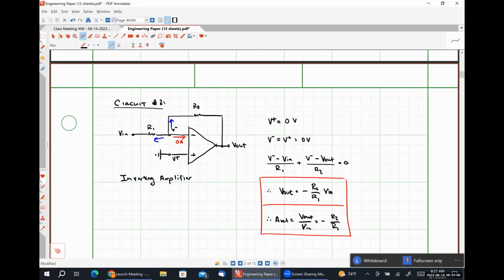One of the questions that I get asked an awful lot about this circuit and the previous circuit is how you can easily tell the difference between the two of them because they are so similar in structure. The way that I usually tell my students to look at it, if the input signal is applied on the inverting input side of the amplifier, like we have here, it's an inverting amplifier.